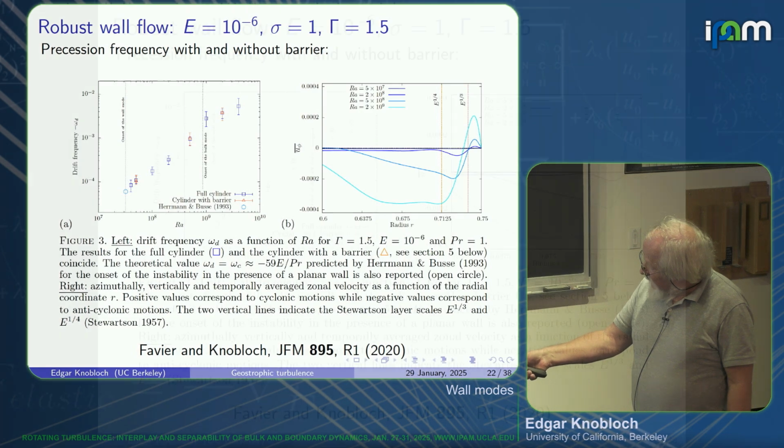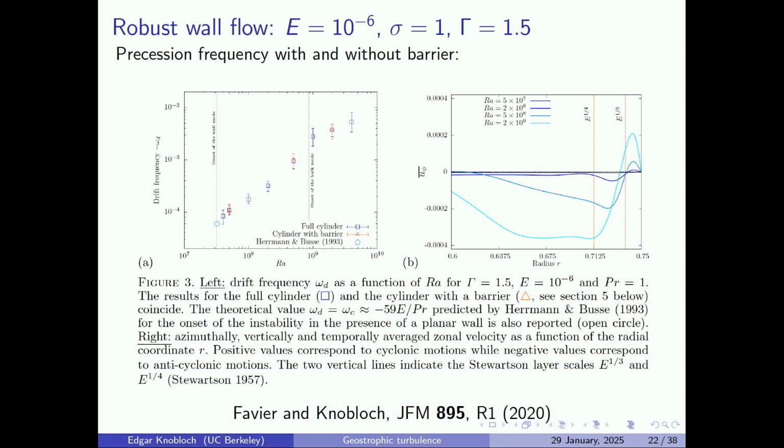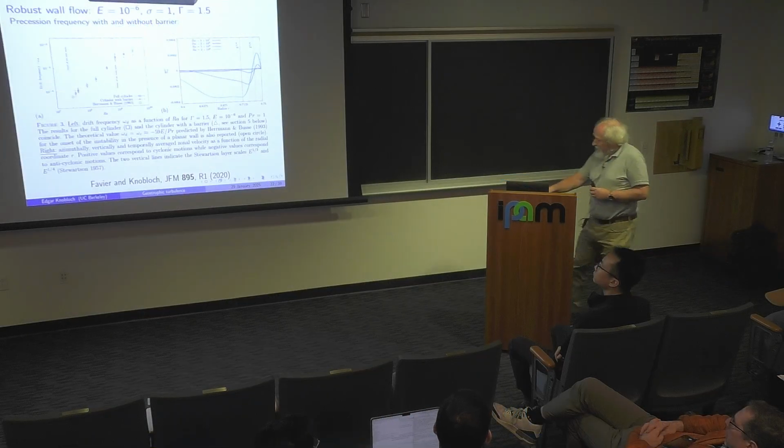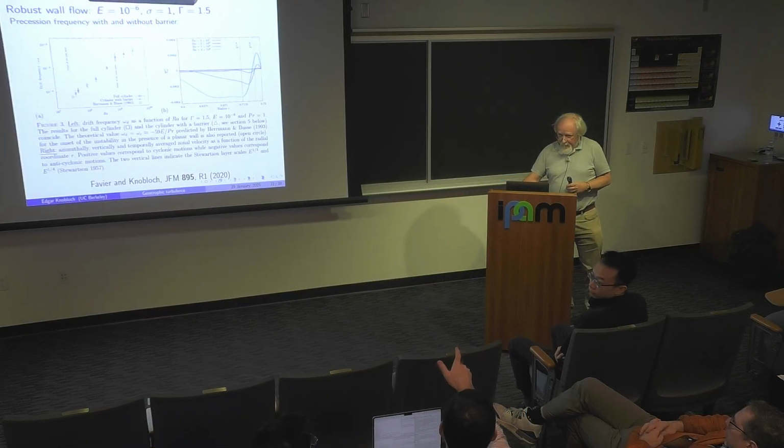And you can see, in here, I think in blue is the full cylinder, no barrier. In red is the problem with the barrier, and you see no substantial effect on the drift speed. This is the Busse prediction, and this is what the profiles look like for different Rayleigh numbers, very similar to what we had before. That's a drift speed in angle per time.